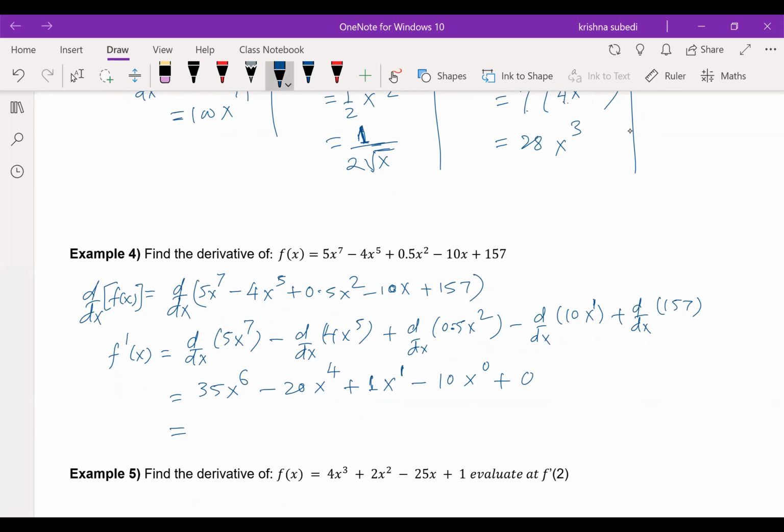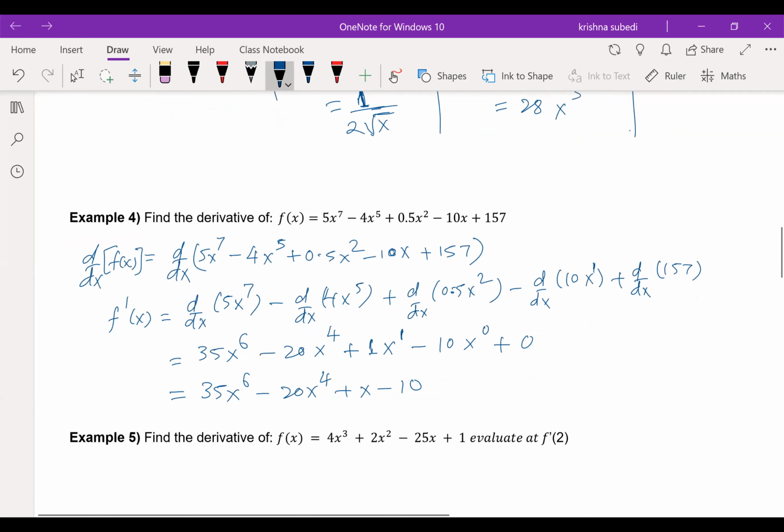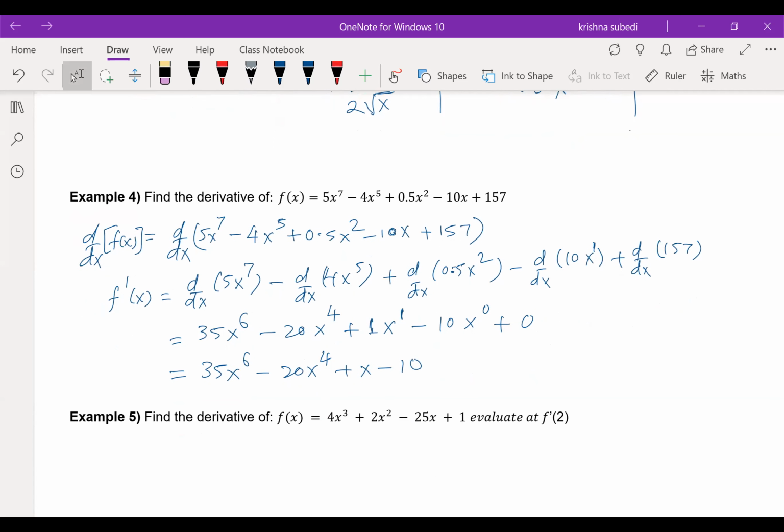So your final answer is, because x raised to power 0 is 1, and that will be your derivative. Now, you don't have to do all these steps. You don't have to solve every step. You can actually find the derivative directly.